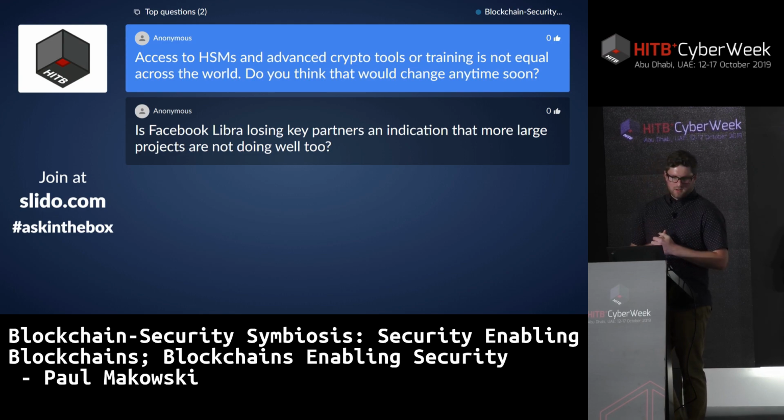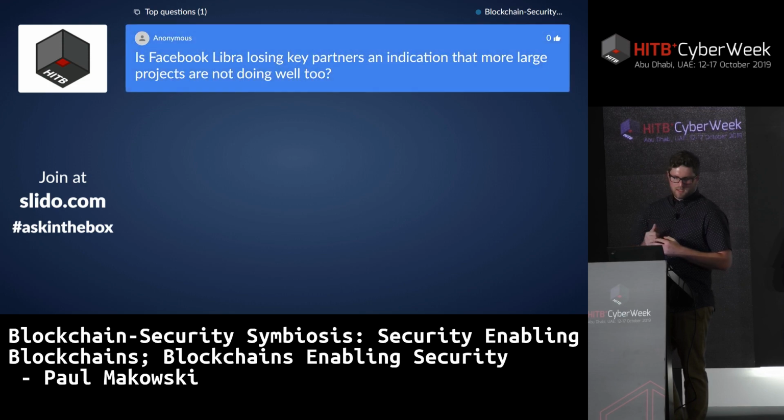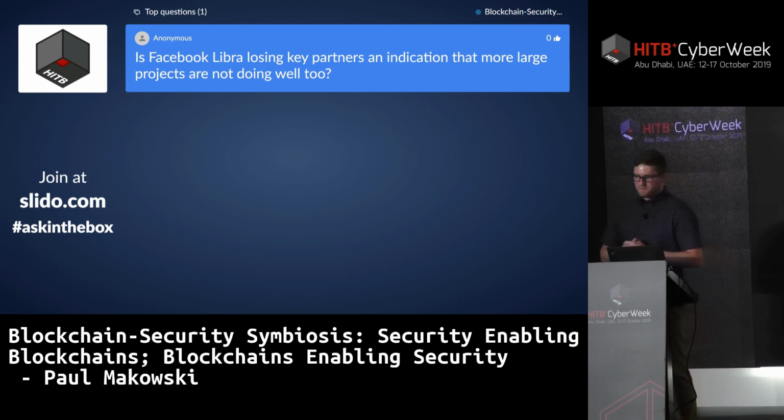Okay, is Facebook Libra losing key partners an indication that more large projects are not doing well too? Good question. So one of the reasons Libra is losing key partners is that the implications of Libra are pretty broad and pretty impactful from a monetary policy standpoint of a lot of governments, right?